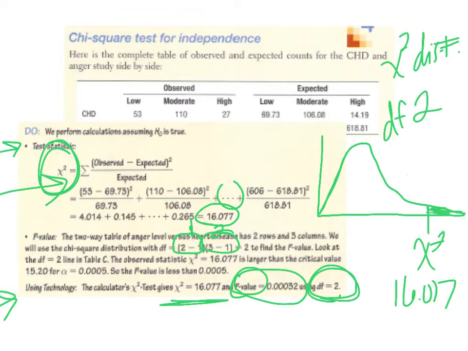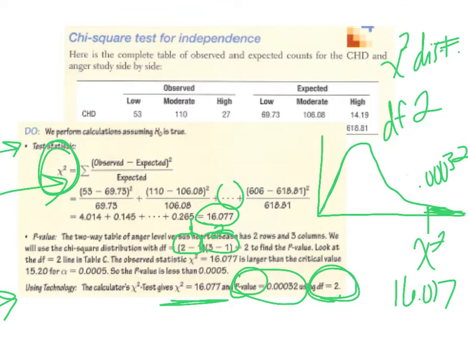So this probability here to the right is 0.00032. So basically there is a really, really low probability that you are going to get those observed values that you saw, or higher than those observed values that you saw.